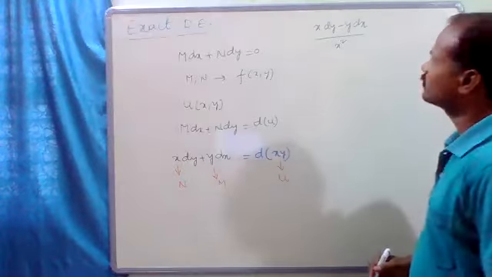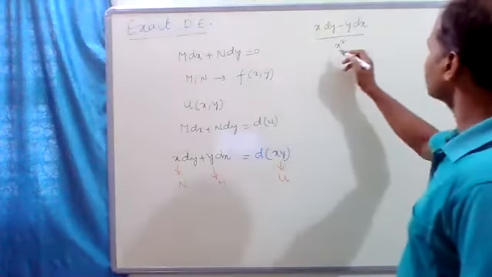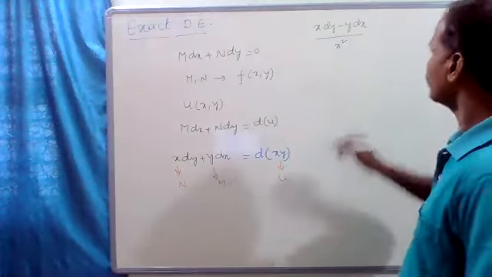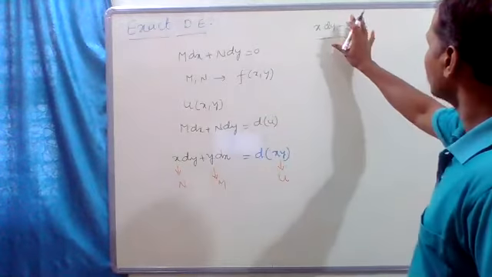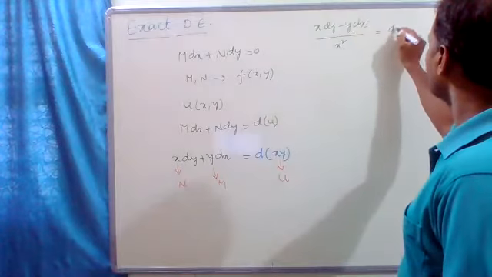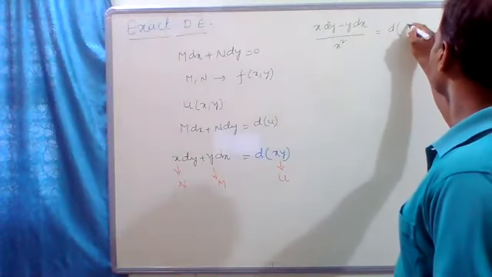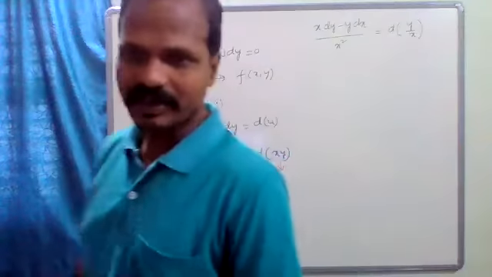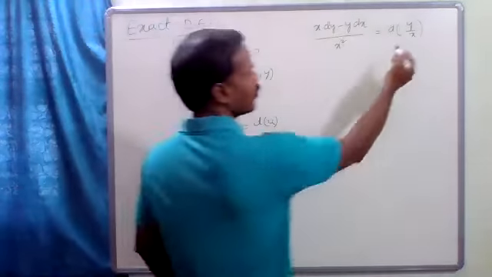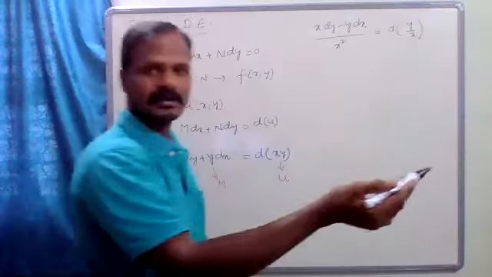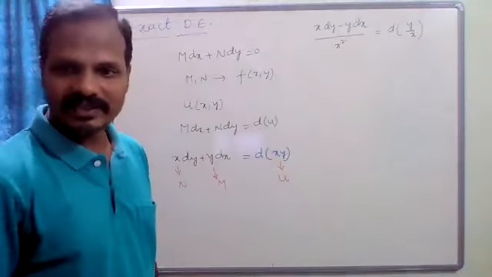Now here, if you observe this, it is of the form d of y by x, using the u by v rule: v u dash minus u v dash by v square.